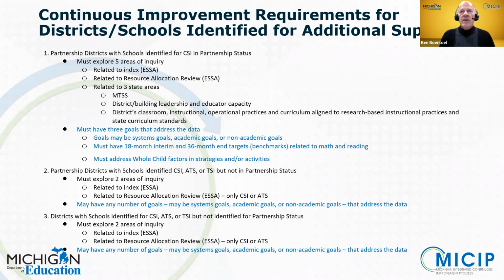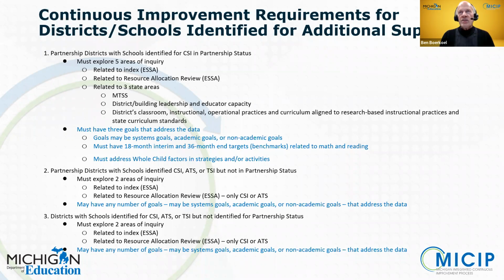They must have 18-month interim and 36-month end targets or benchmarks related somehow to math and reading within the context of those 3 goals. Not all 3 goals have to have those particular targets, but at least one of your goals must have those. And also, as part of your plan, you must address whole child factors in your strategies and or in your activities.